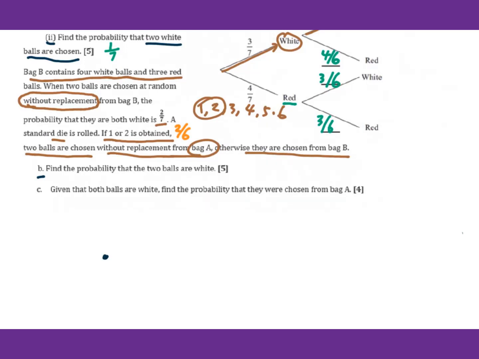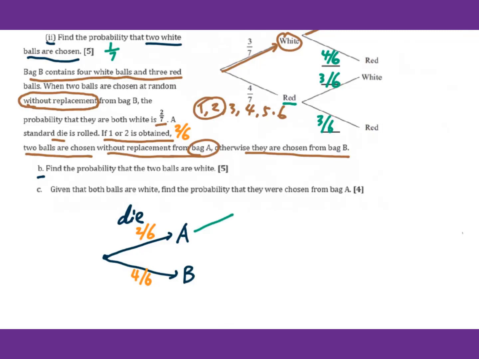We can draw the tree diagram this time. The first step, you have to roll the die. Then, when you get 1 or 2, that means you will get the bag A. Otherwise, you get the bag B. For bag A, the probability will be 2 over 6. For bag B, will be 4 over 6.